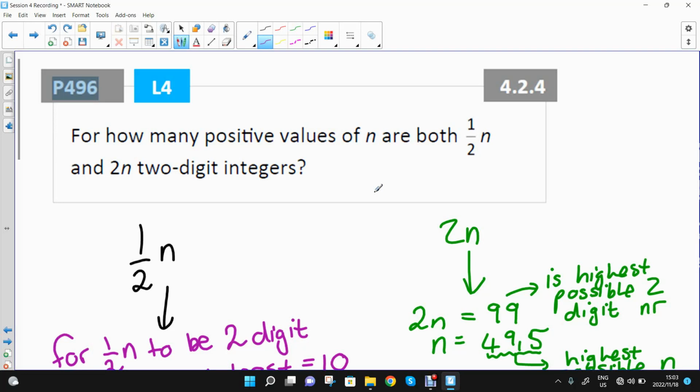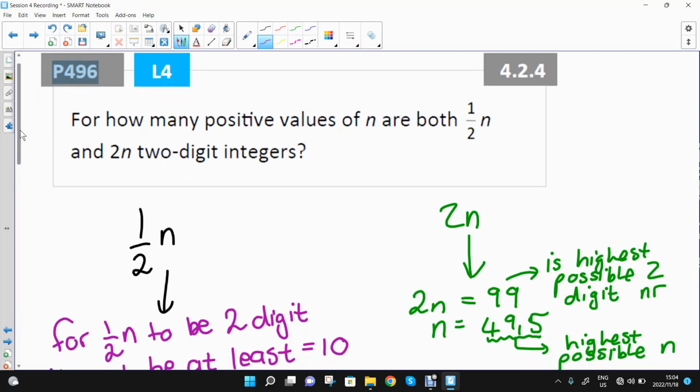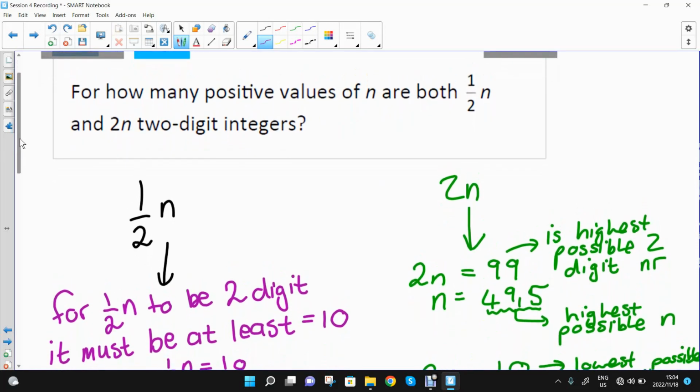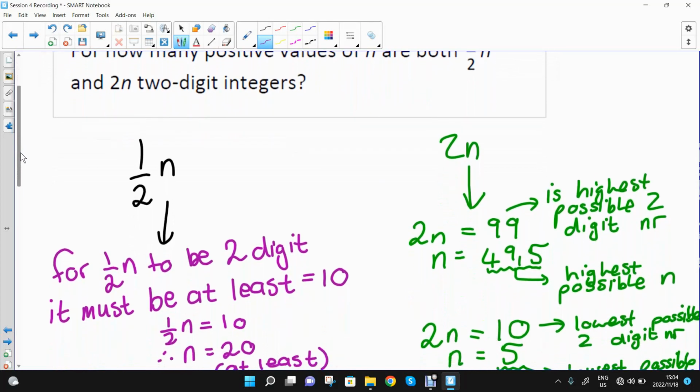For how many positive values of n are both a half times n and 2 times n a 2-digit integer answer? So we are going to look at a half n first, and what I want to try and find out is what do I need to multiply a half with to get a 2-digit number.